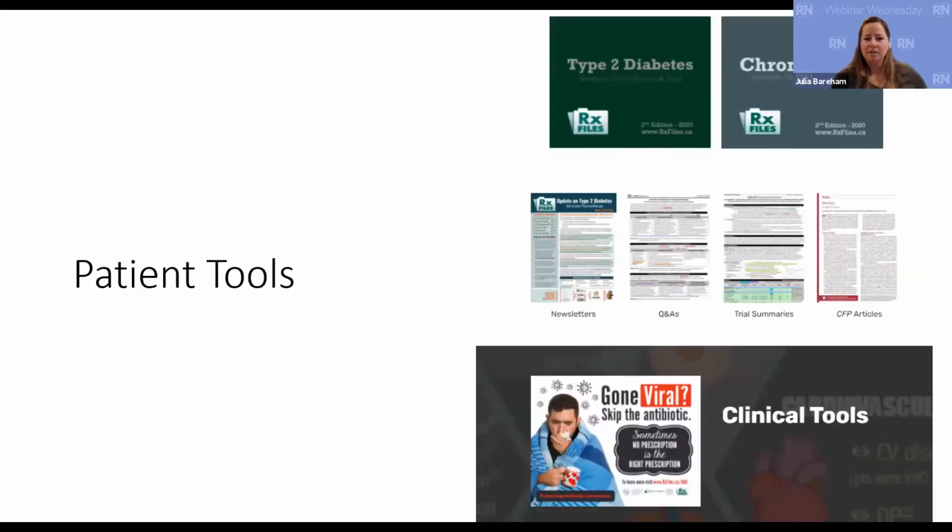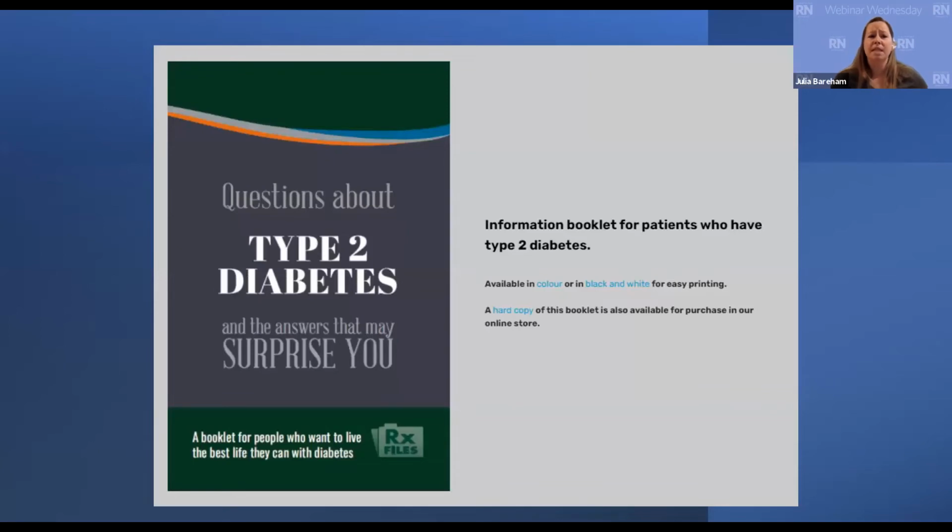And speaking of patients, we have a variety of patient tools on our website. And as you scroll down, you'll see clinical tools there that you click on. There are many. Some you might be interested in are our patient booklets.